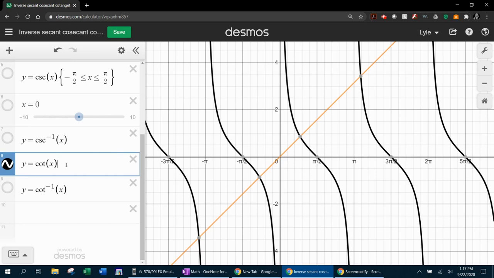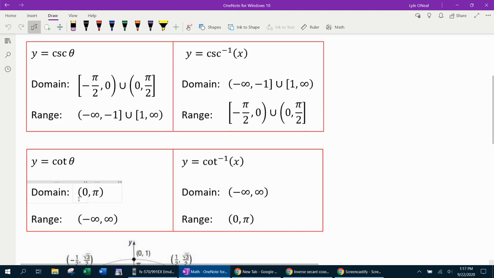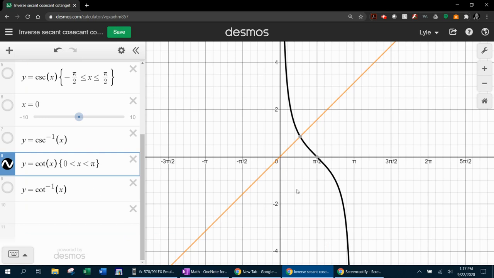So when we place that restriction on there, notice that it's strictly greater than 0 and strictly less than pi. It's not equal to because of the asymptotes, okay? If we go back to the notes here, you'll notice the domain has the parentheses, meaning that those endpoints are not included. And the range does go from minus infinity to infinity. It goes all the way down and all the way up.